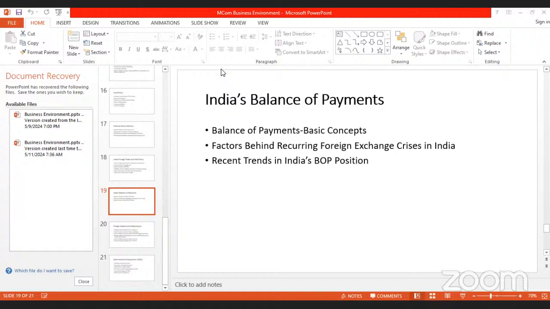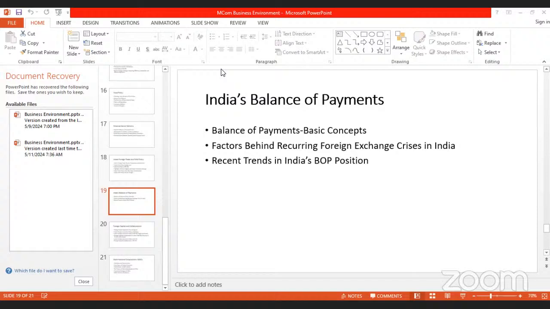Recent trends indicate a more balanced BOP position supported by strong service exports, steady remittances, and robust capital inflows as well. However, continuous monitoring and adaptive policies are essential to sustain stability as well as growth in the BOP framework.